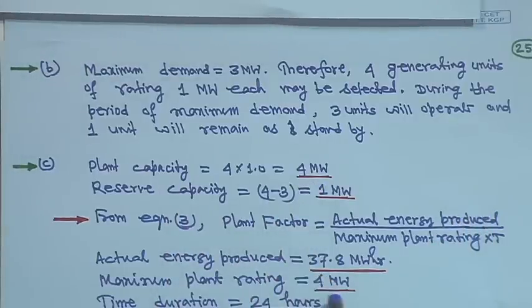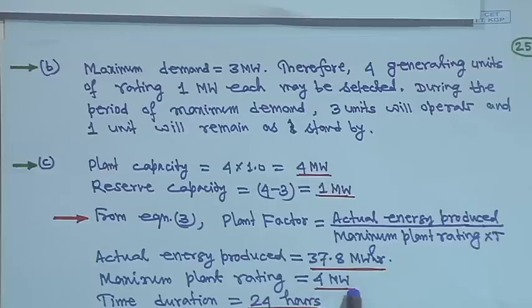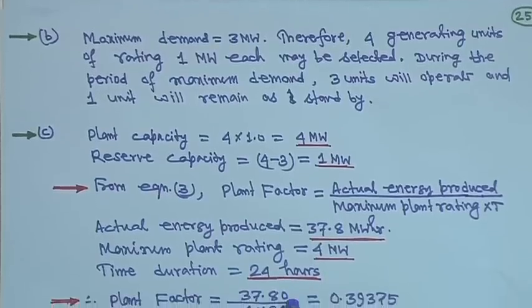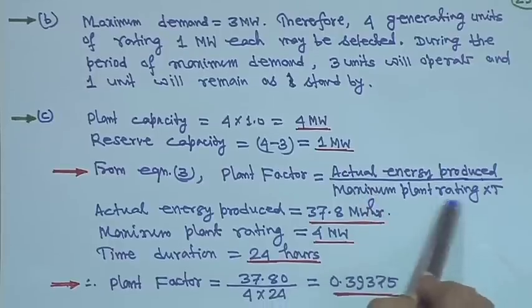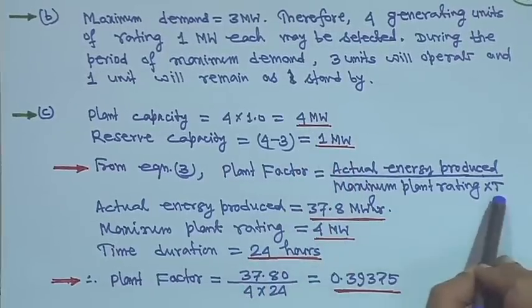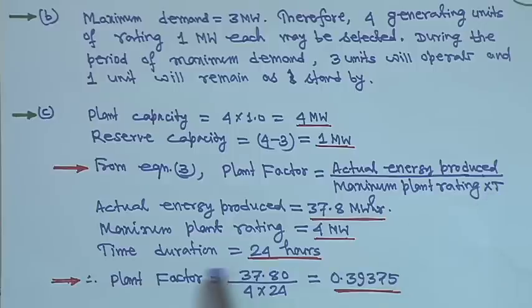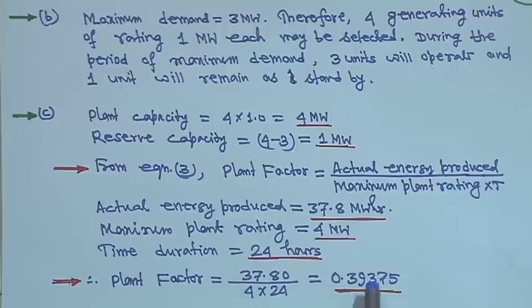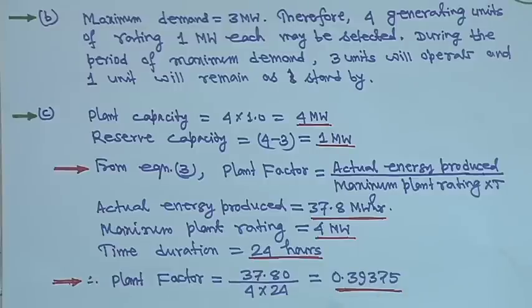So, maximum plant rating will be 4 megawatt. The time duration is 24 hours, 6 am to 6 am. Therefore, plant factor is equal to 37.8 divided by 4 into 24. So, it is coming around 0.39375.